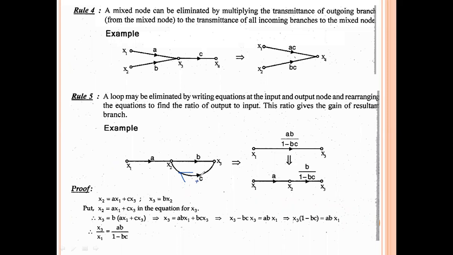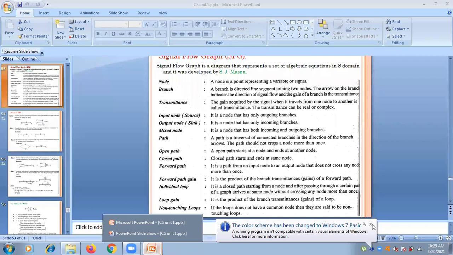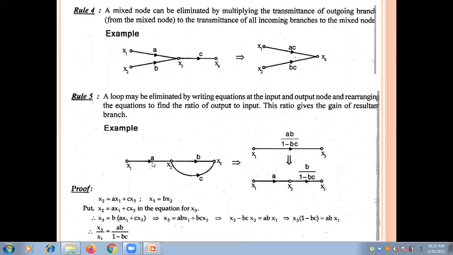Okay, so the branch transmittance is B, and here we can eliminate the positive feedback by replacing this entire loop by a simple gain.